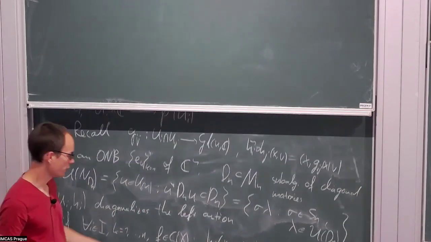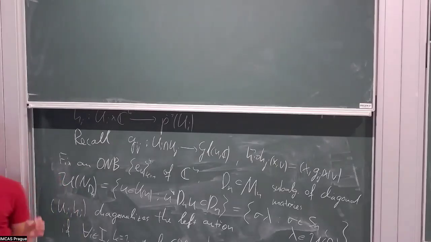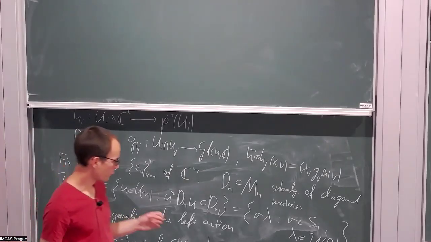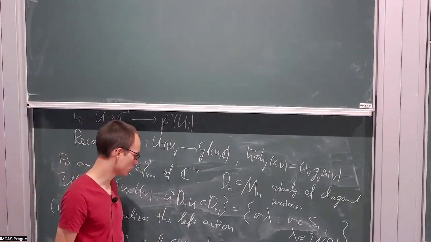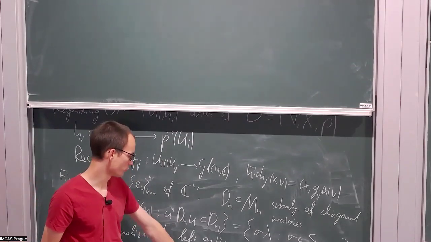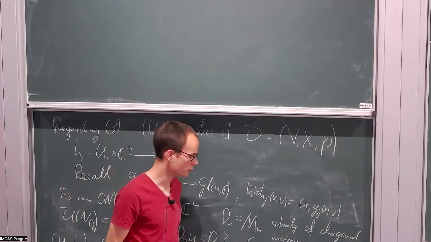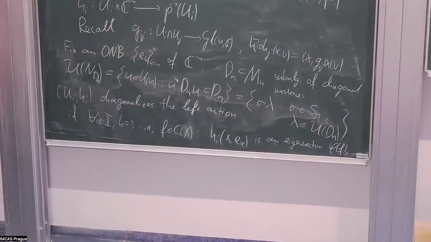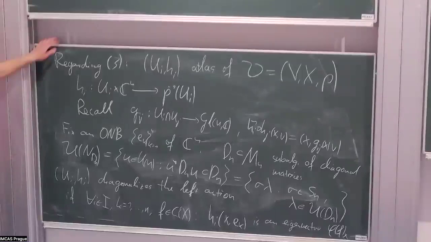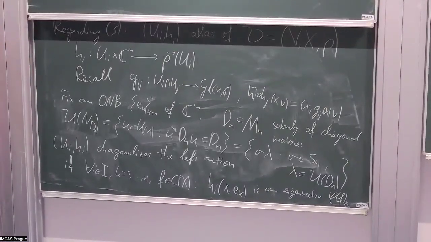Okay, so h_i was my chart, e_k was the kth canonical basis vector. So we take this canonical basis vector, we push it into the vector bundle using the chart, and then that should be an eigenvector of this left action, phi(f), acting in this fiber.